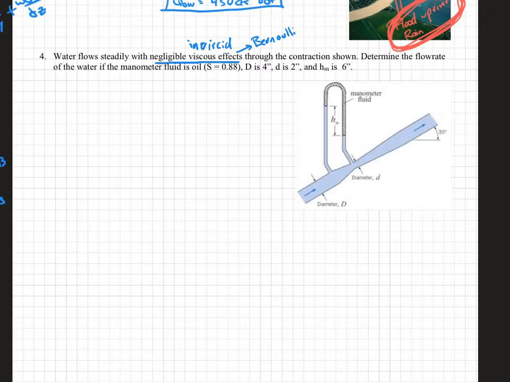In almost all of these problems we're trying to get at Q, so we're trying to get at V. Bernoulli is usually our master equation, so I'm going to do it here. I think on the key I did it differently.